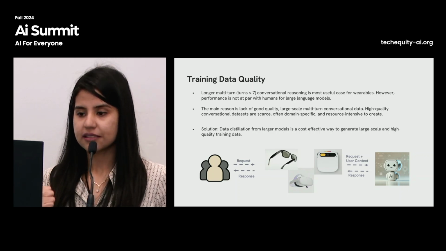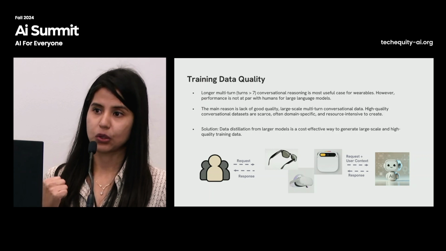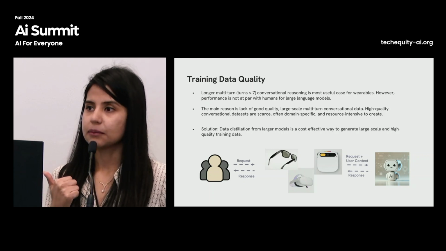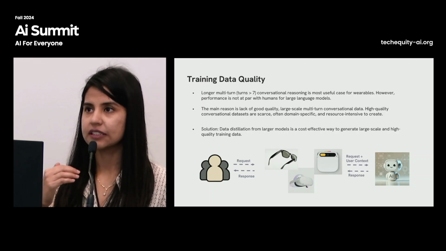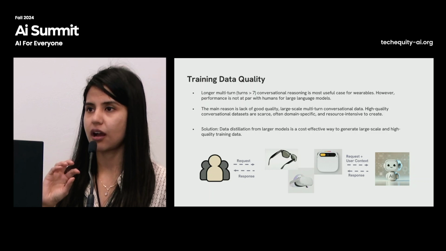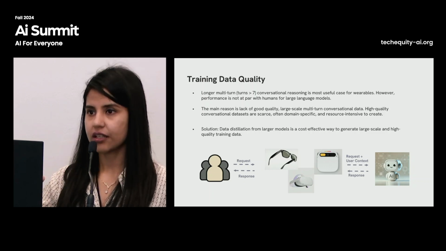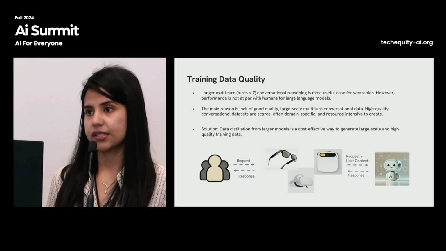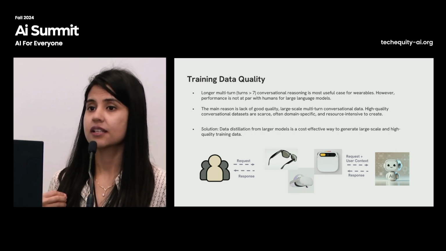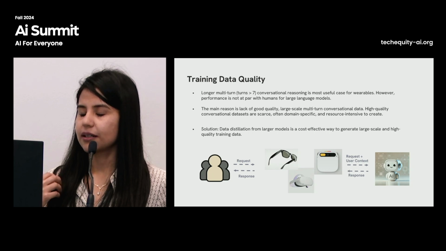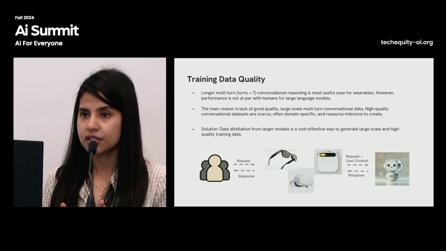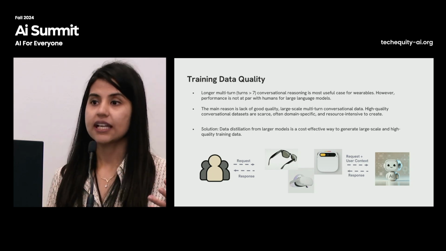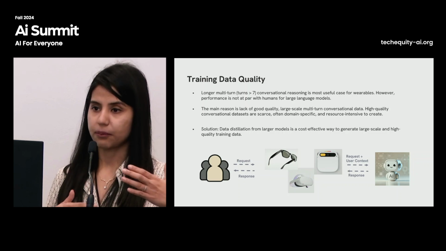One of the reasons for that is a lack of good quality data. We do not have data sets which are more generic and not very domain specific. Also, it's very resource intensive to create these data sets, especially if you're asking humans to collect them, and given the size of these models, they need a lot of big data sets.